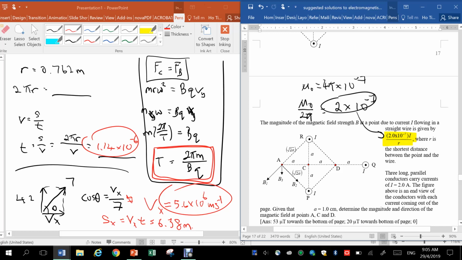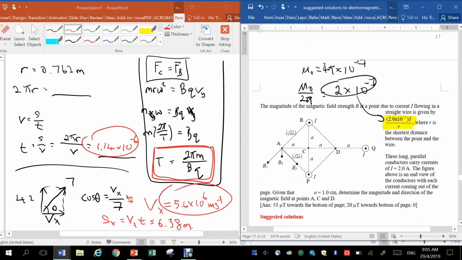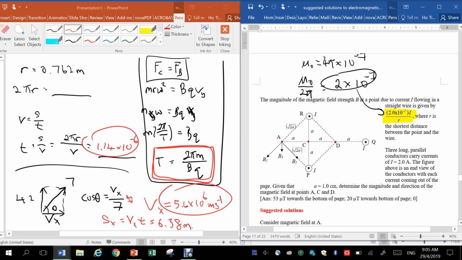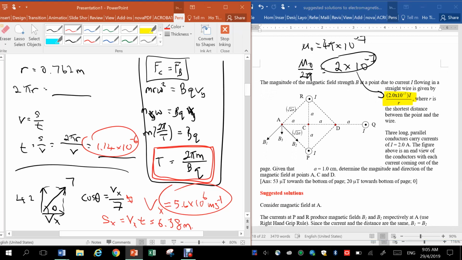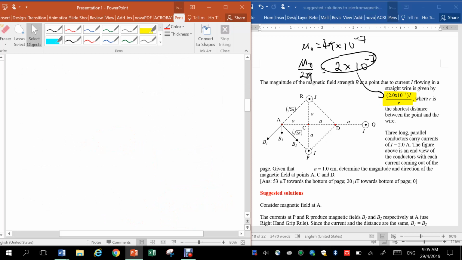Given that a is equal to 1 cm, determine the magnitude and direction of the field at A, C, and D. Now, this is a really painful question to do because it is repetitive. However, it is important to check your understanding on addition of vectors. So let's take it step by step.